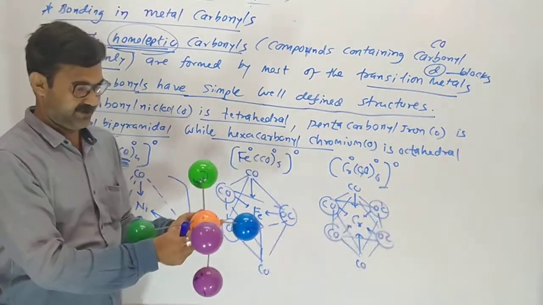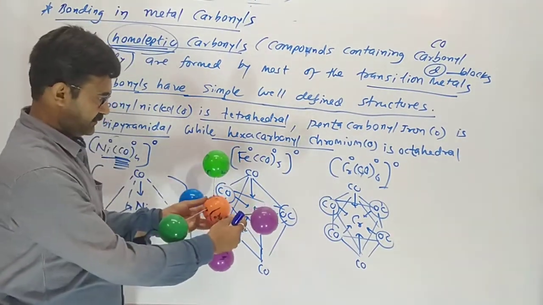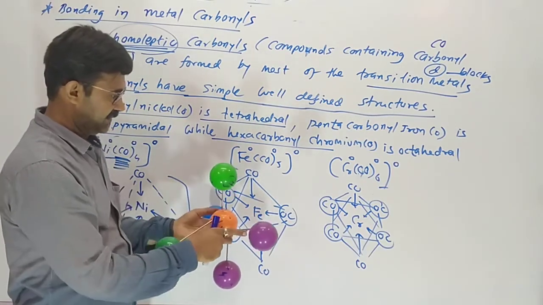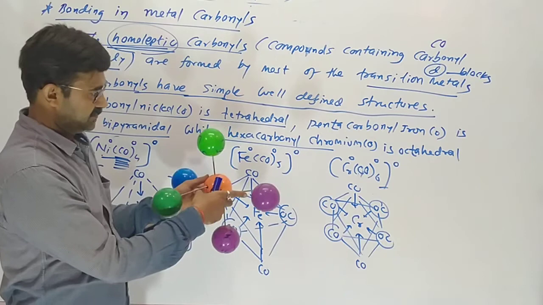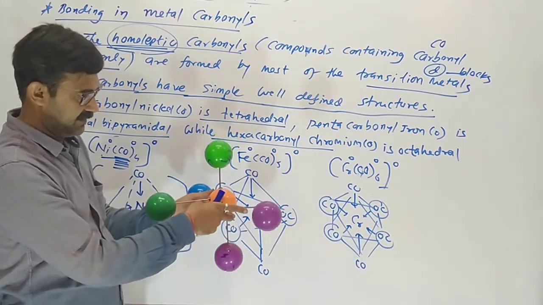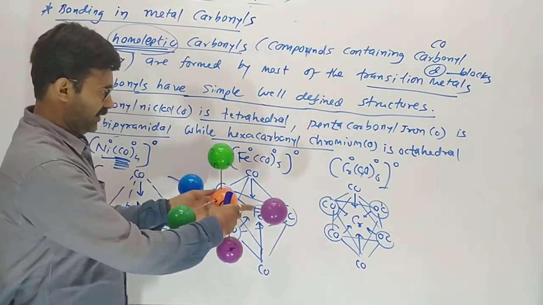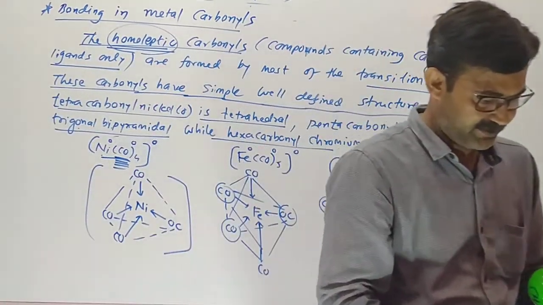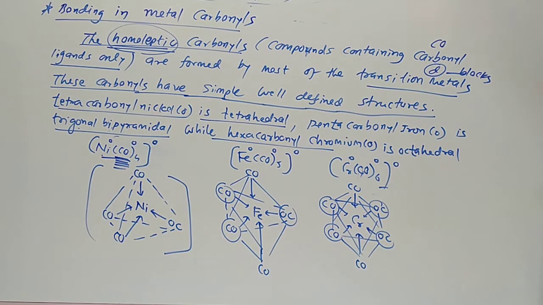Trigonal bipyramidal: 3 carbonyls, this one is Fe. These 3 carbonyls are on the same plane, and 2 are perpendicular, upward and downward. So trigonal bipyramidal.